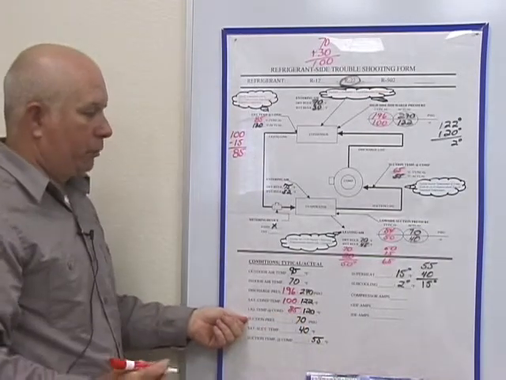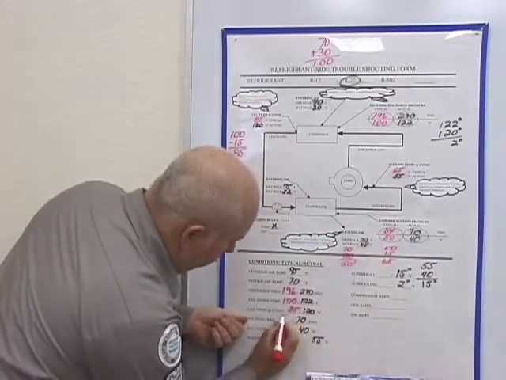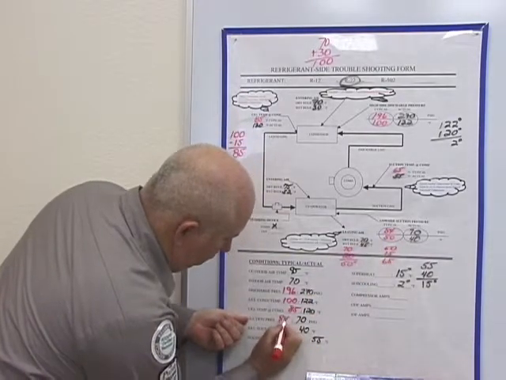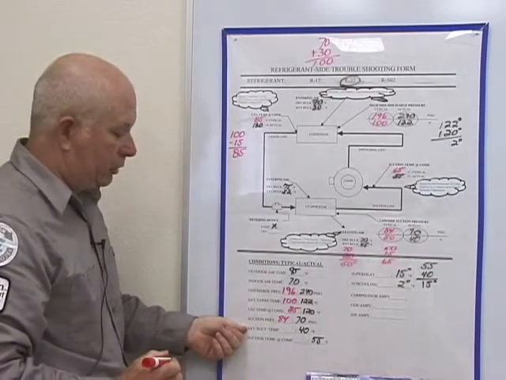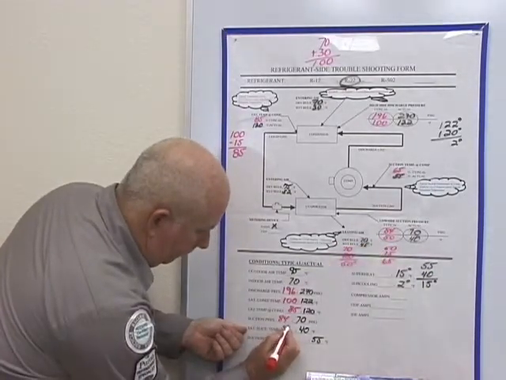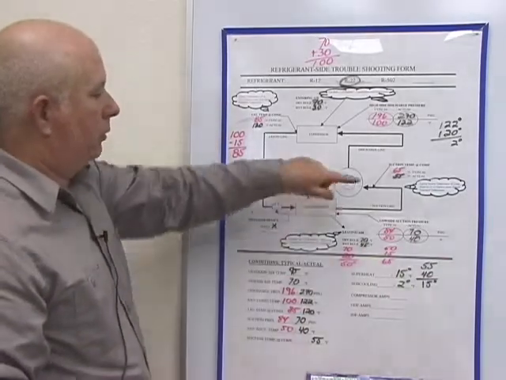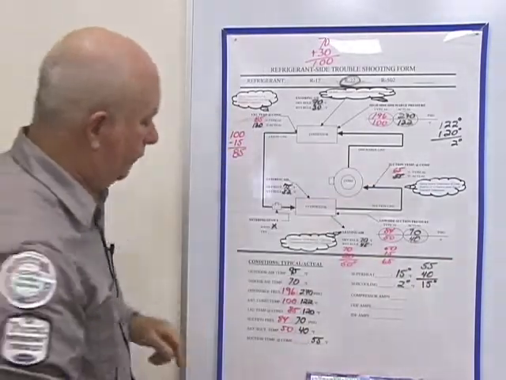The suction pressure, we come down to our low side, and it's 84 psig. The saturated suction temperature is 50. And the suction temperature at compressor, right here, which is 65.